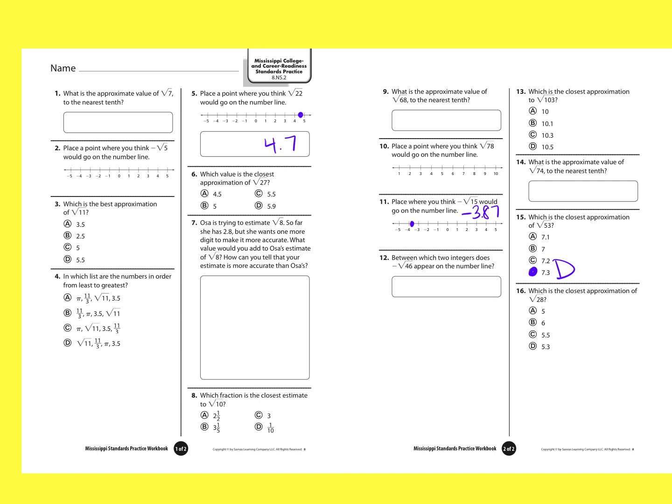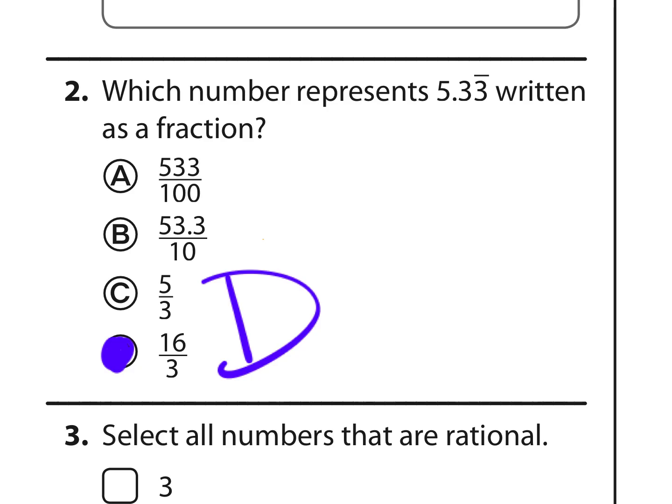If not, we're going to go through each of these problems and you can fast forward and rewind as needed through this video. NS1, number 2, which number represents 5.3 repeating written as a fraction?